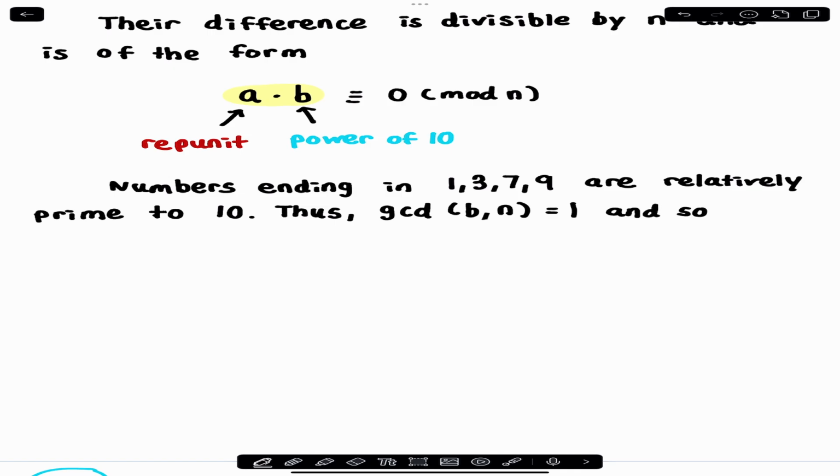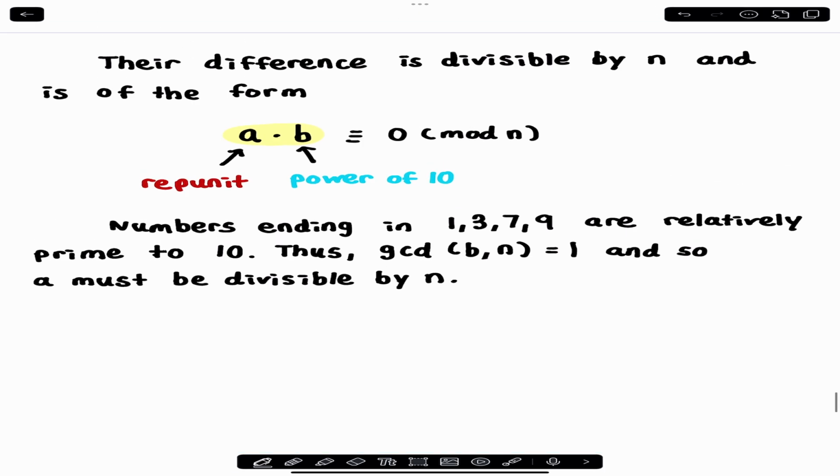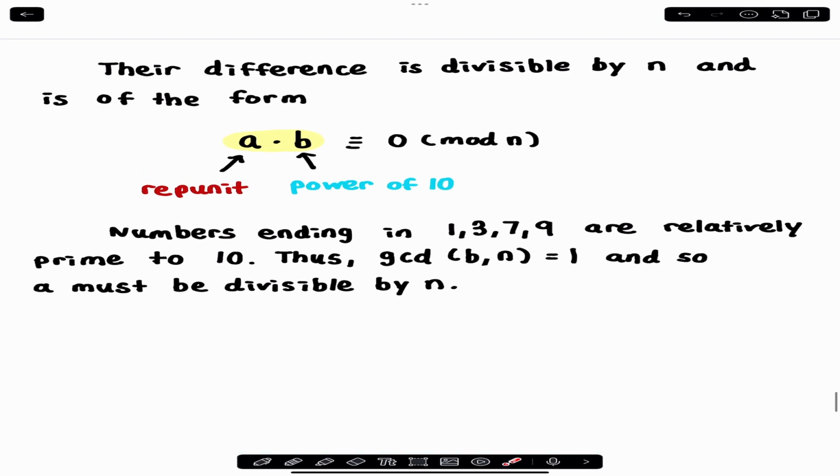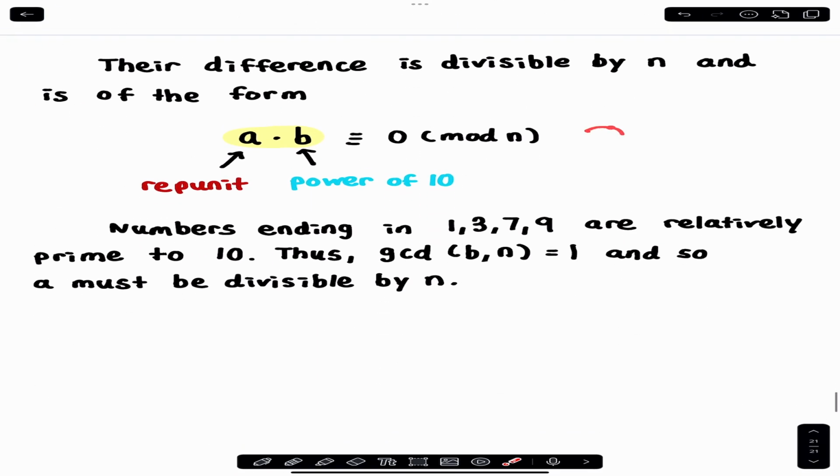And so A must be divisible by n. If you followed along from the beginning all the way to the end, congratulations.